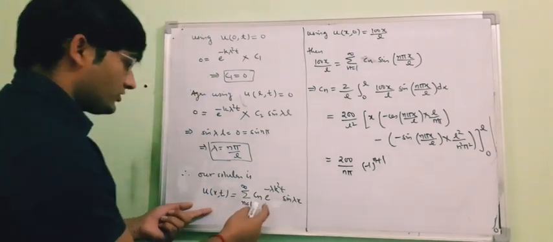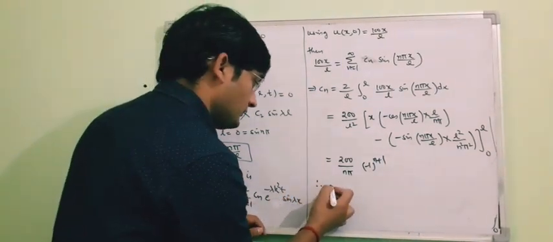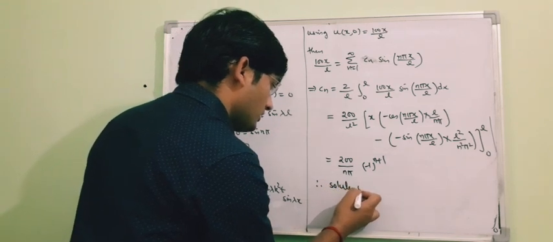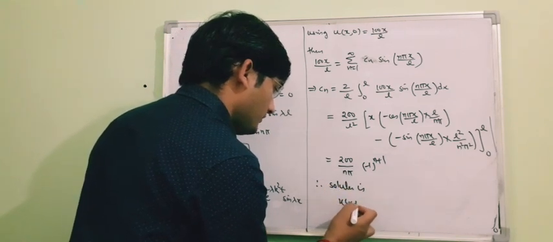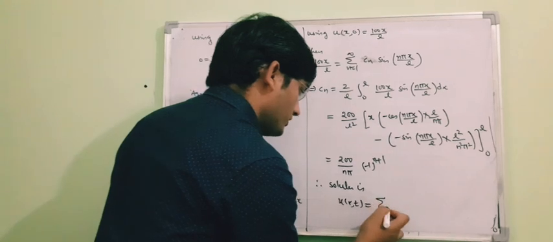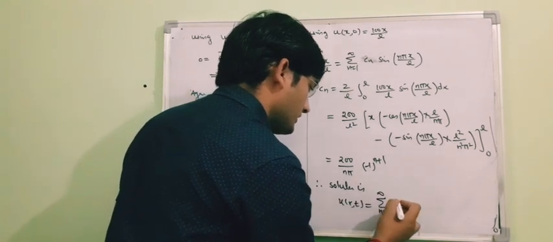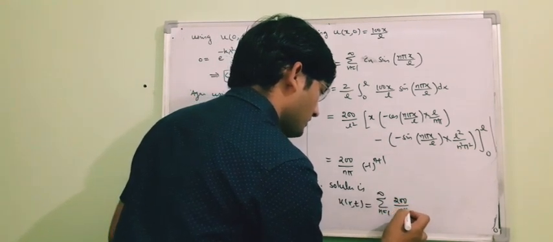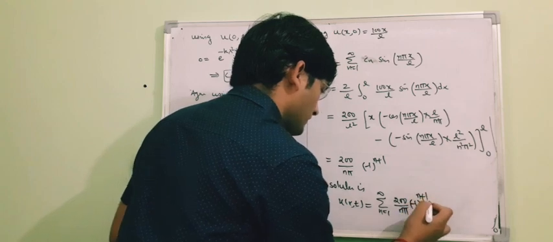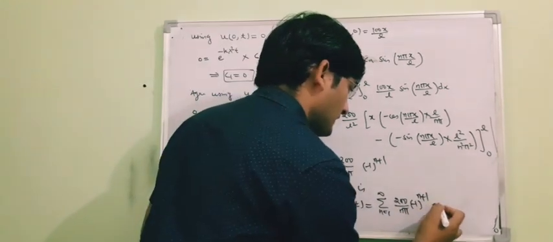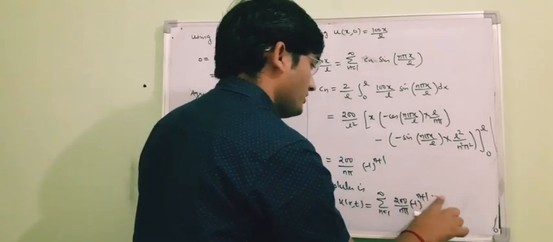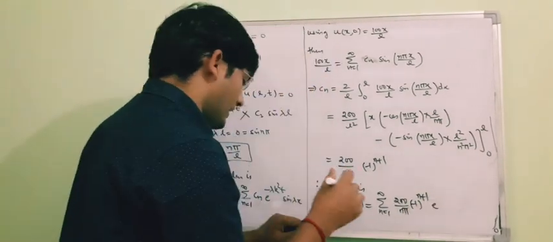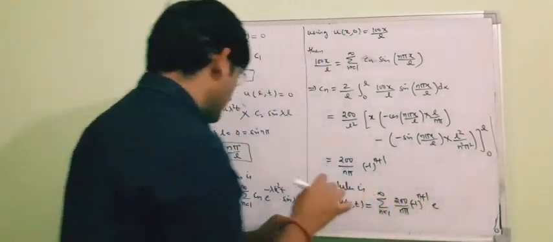Therefore our solution is u(x,t) equal to the sum from n equal to 1 to infinity of Cn, where Cn is 200 upon n pi into minus 1 to the power n plus 1, into e to the power minus k lambda square t.